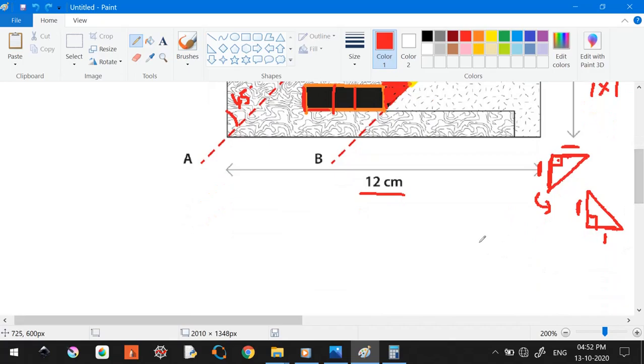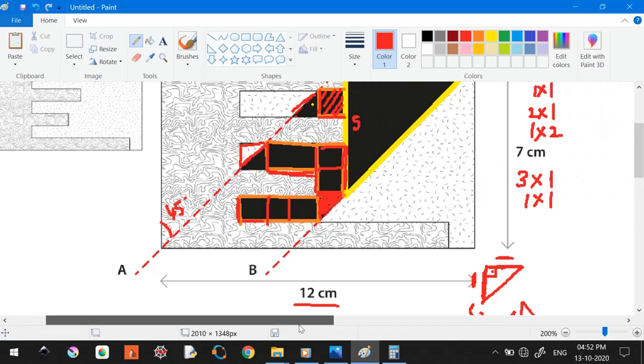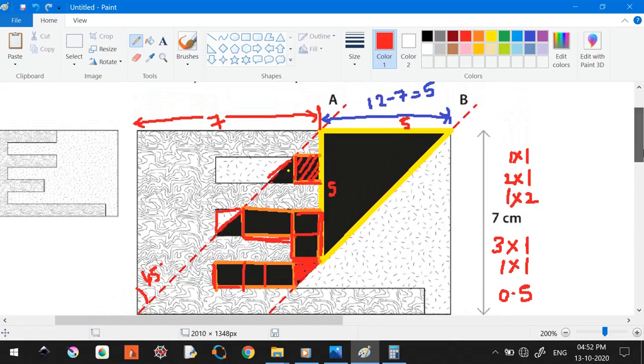Now the area of this is half base into height, which we have seen plenty of times. Half base is 1, height is 1, right? This is base, this is height, so this is 1 by 2, which is 0.5. Got it? So let me add that 0.5. I hope this is clear.